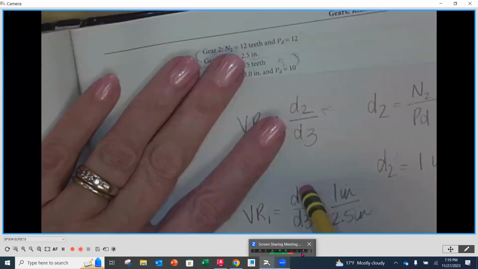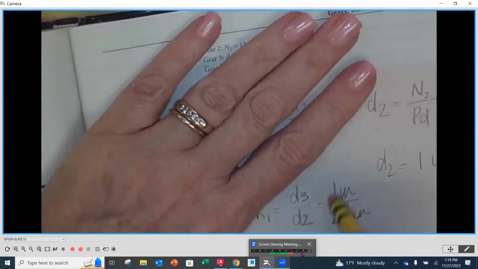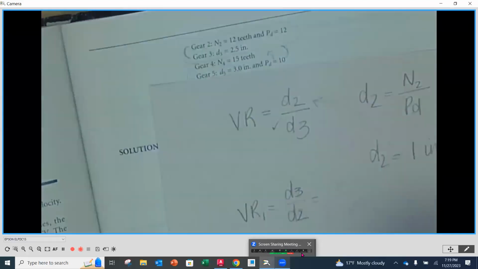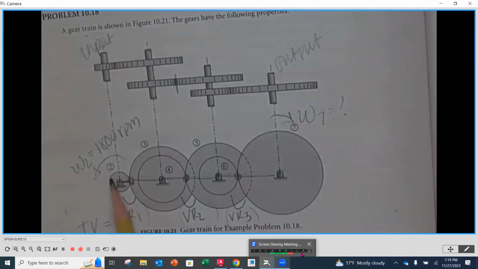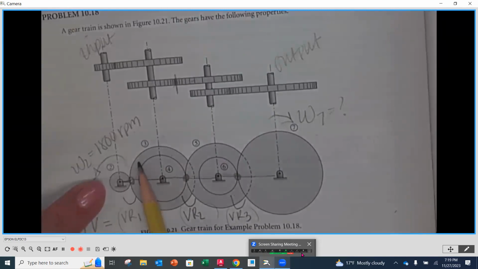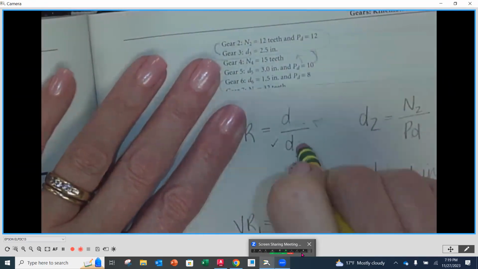I was looking at the illustration, where gear 2 is the number 1, and I wish they would have kept it consistent, because I glanced and got confused. Number 2 is going to be our smaller, faster moving one that needs to go on the bottom. The larger gear needs to go on top. So I apologize. This needs to be 3 on top, 2 on the bottom.